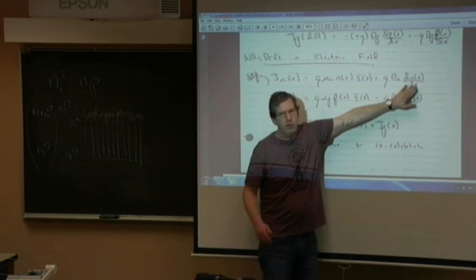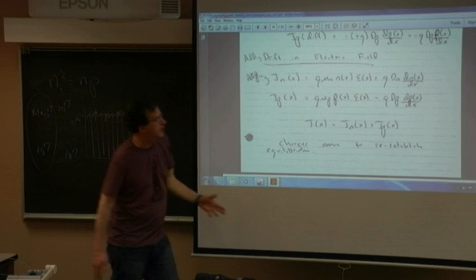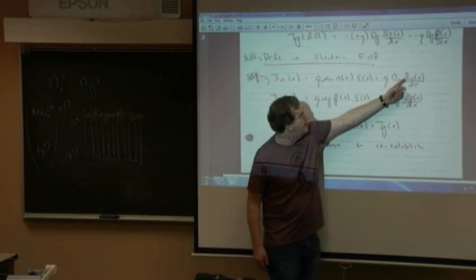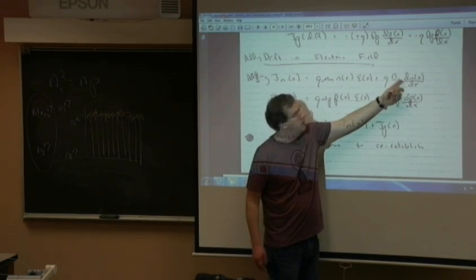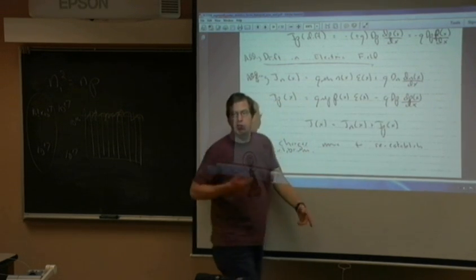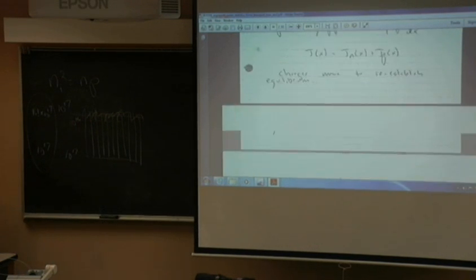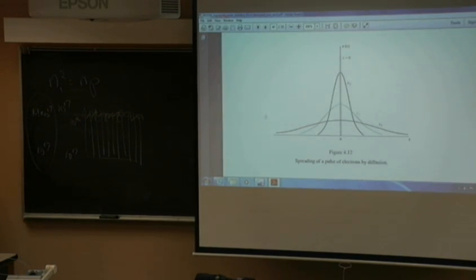They're moving from one side to the other, driven by the concentration gradient. So you have the concentration gradient dn/dx as a function of distance, and the diffusion coefficient tells you just how fast they move. And so they spread out over time.